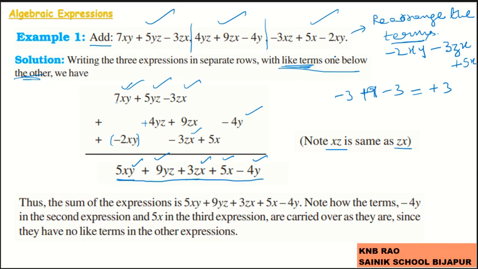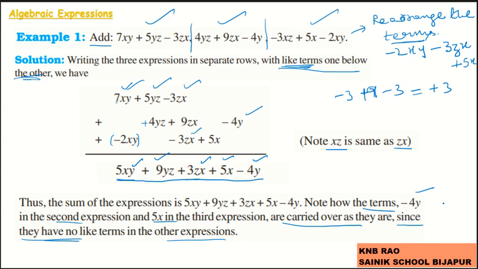So children, very important, only like terms are added. Here the term minus 4y in the second expression and 5x in the third expression are carried over as they are, since they don't have any like terms in the other expressions.